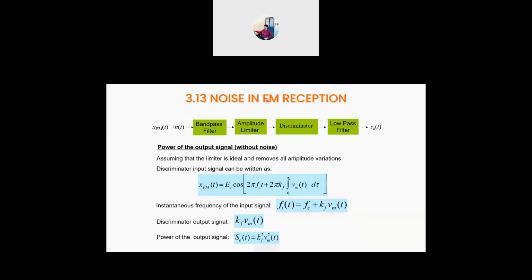So XFM, which is your received frequency modulated signal, after being transmitted over the channel, the transmission medium, will have a noise addition. Noise is additive in nature, so that's why this is a noise.